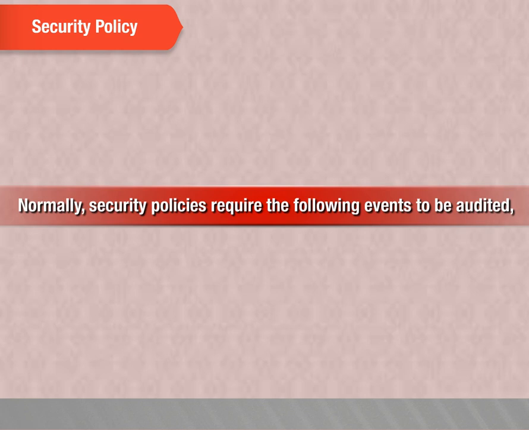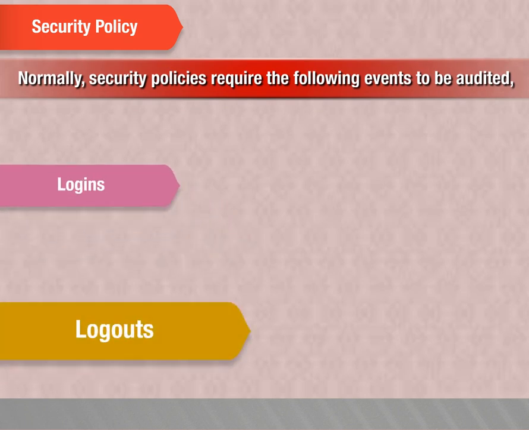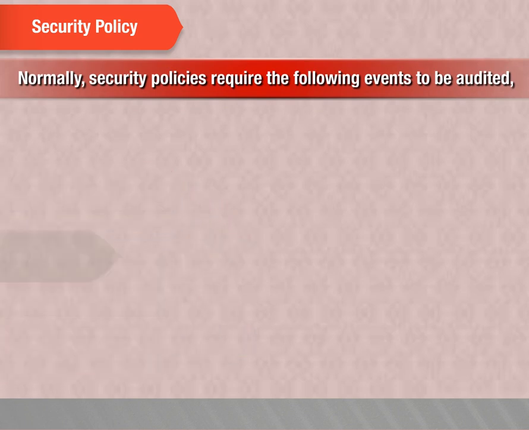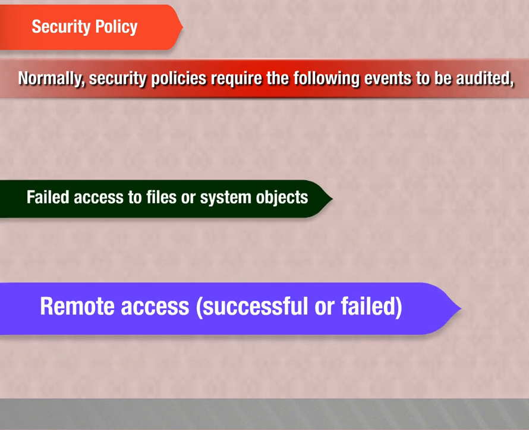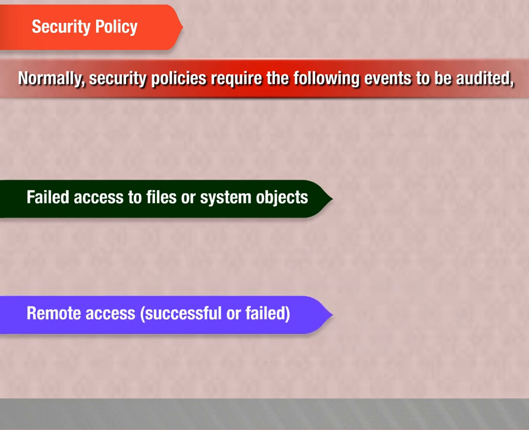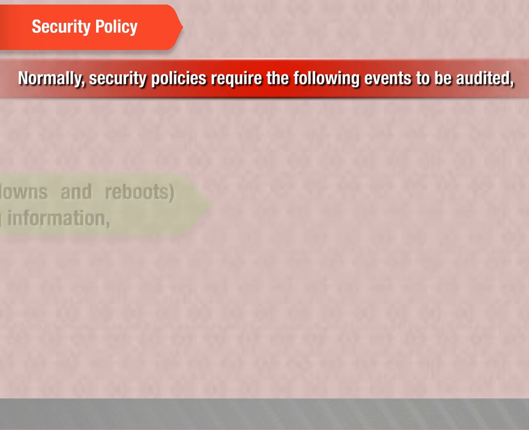Normally, security policies require the following events to be audited: logins, logouts, failed access to files or system objects, remote access that is successful or failed, privileged actions, those performed by administrators, both success and failures.